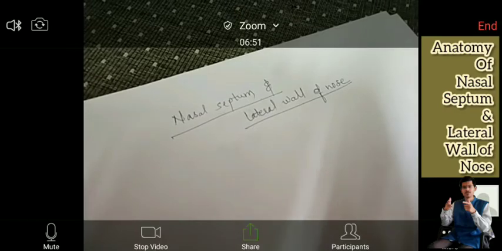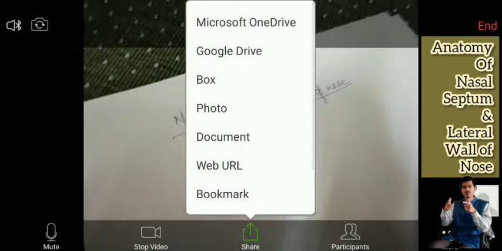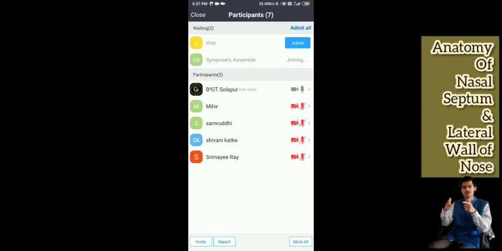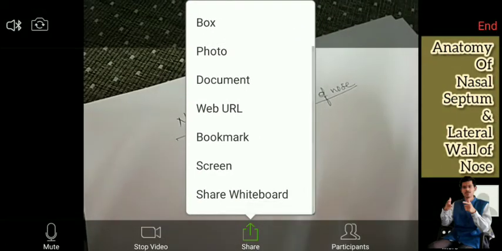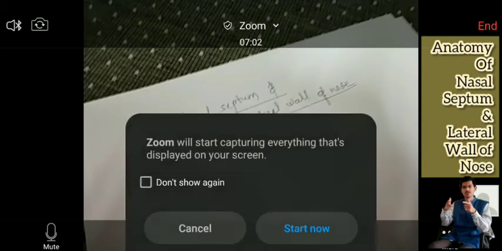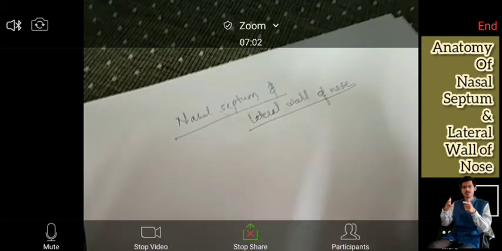So I will share the screen now. Okay, just a minute. I will share the screen with you now, so that you will be able to see the photographs and the diagrams which I will be using for the explanation. Okay. So now if you see this, wait, we will not share the screen.